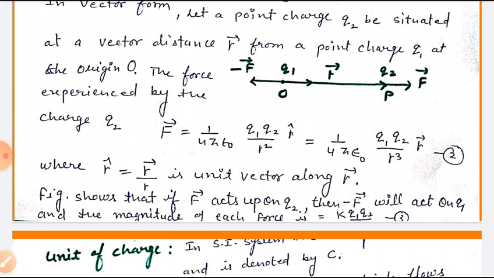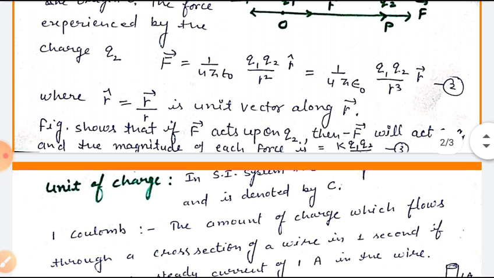This is equation number 3. So from Coulomb's law we can say that the magnitude of force between two charges is proportional to the product of the charges and inversely proportional to the distance between them.